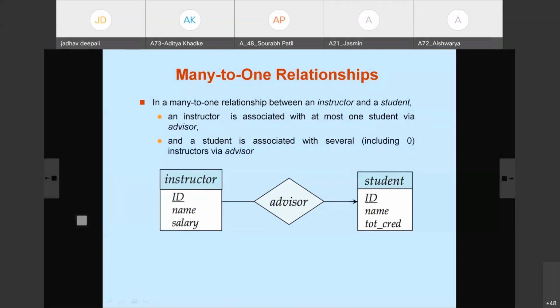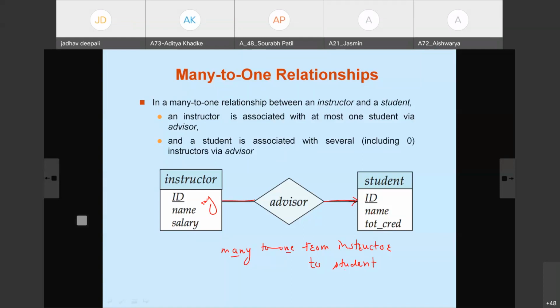If it is many to one from instructor to student, one instructor is associated with one student only, but one student is associated with any number of instructors. So on the student side it is one, the directed line is towards the student side, and on the instructor side it is an undirected line indicating many.